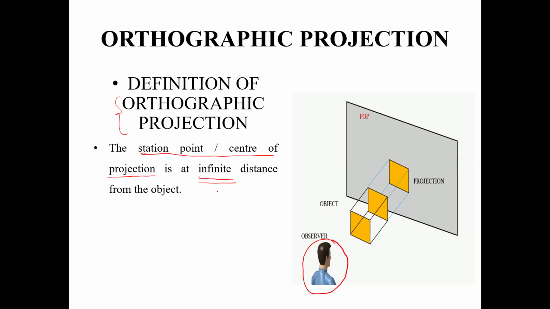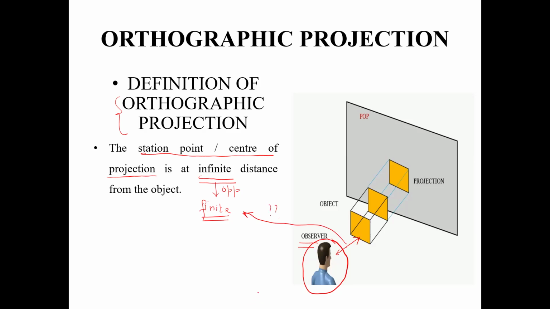Now, the opposite of infinite is finite. Now let us see what is the problem if the observer is situated at a finite distance from the object. If the distance between the observer and the object is a finite one, then what is the problem?